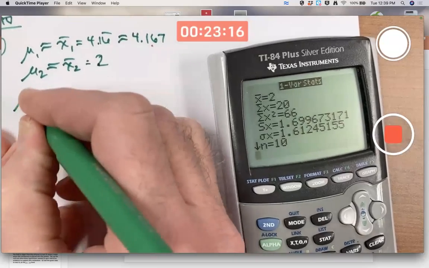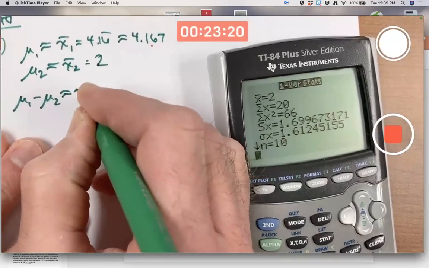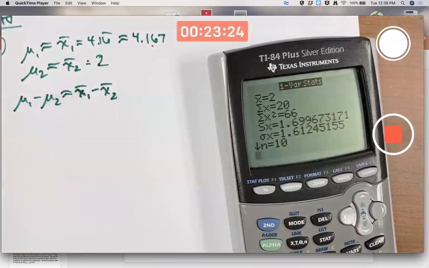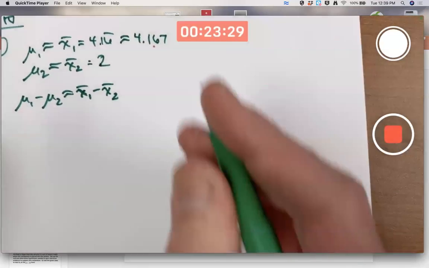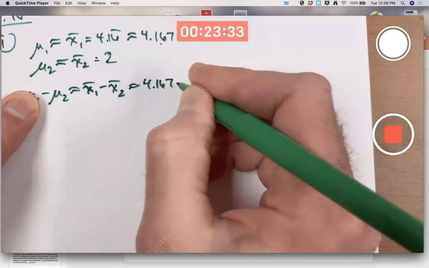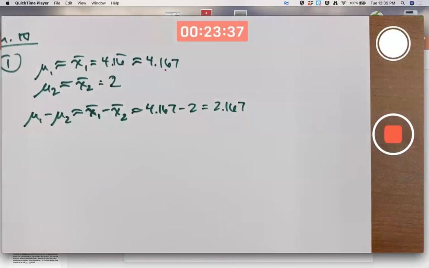And then mu1 minus mu2, the natural estimator is x1 bar minus x2 bar. As an estimator, I'd use capital letters. As observed values, I'd use lowercase. To get 2.167.